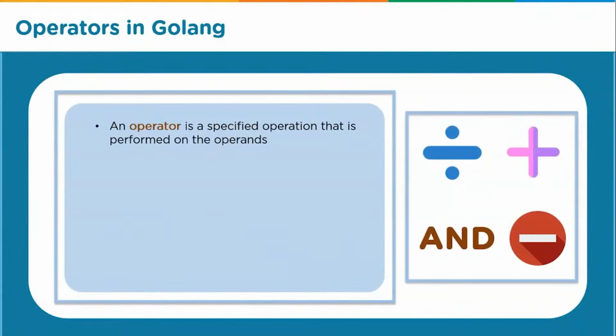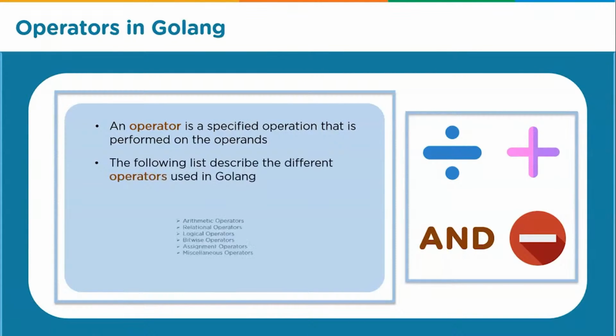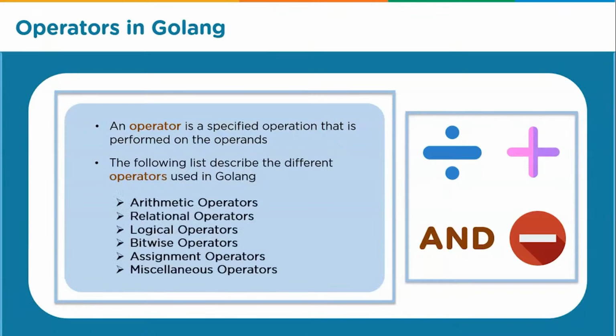An operator is a specified operation that is performed on the operands. The following list describes the different operators used in Golang. First is arithmetic operators. It includes addition, subtraction, multiplication, division, and modulus. Let's see some example in the VS Code.